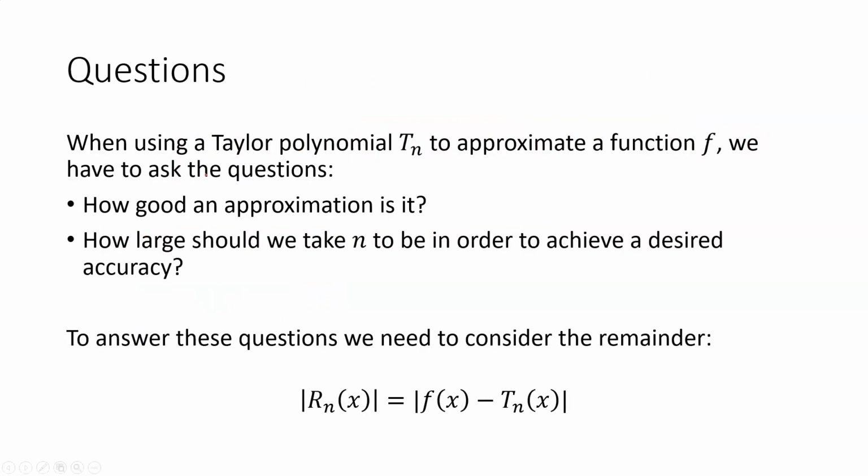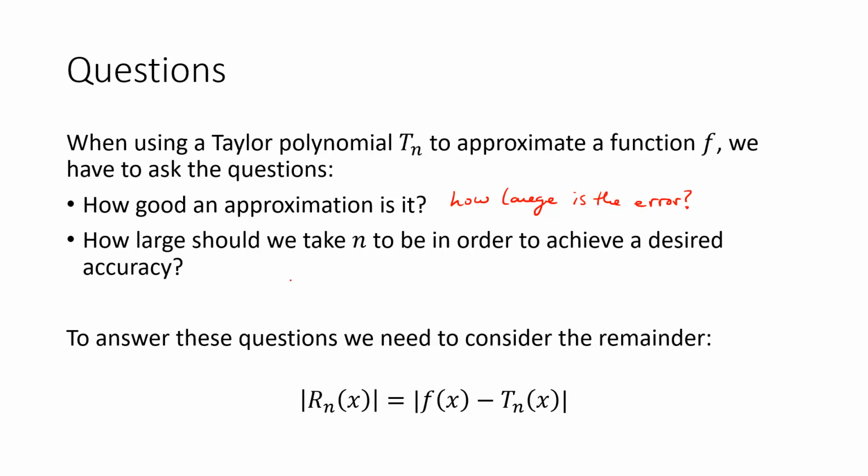So here are some natural questions that may arise when we're using a Taylor polynomial to approximate a function. How good of an approximation is it? By that we mean essentially, what is the error in the approximation? How large is the error? And how large should we take n to be in order to achieve a desired accuracy?